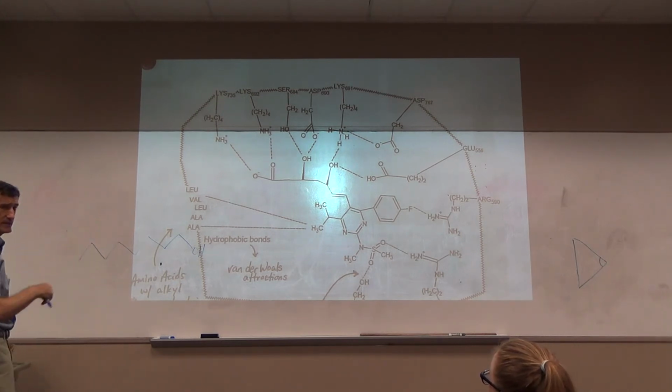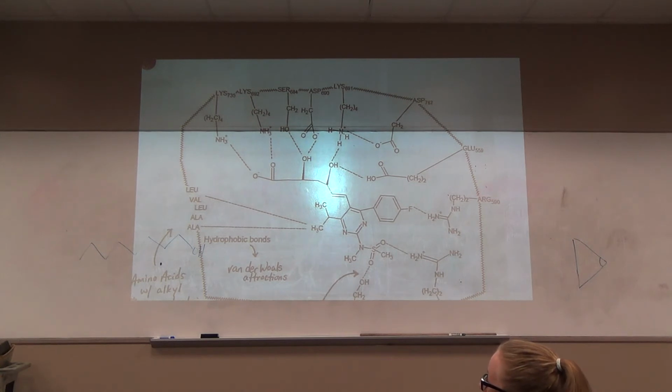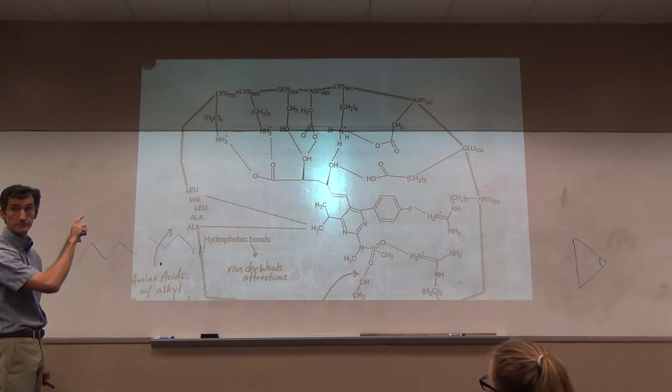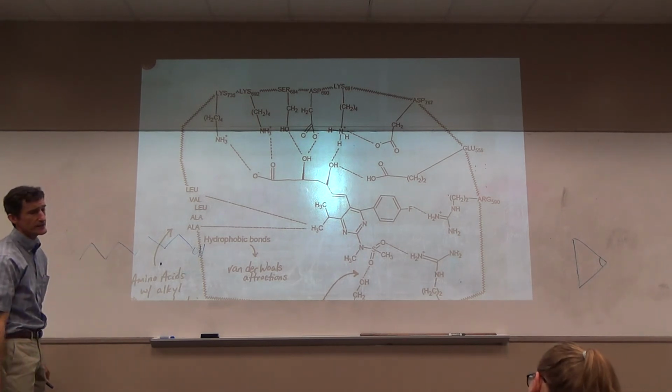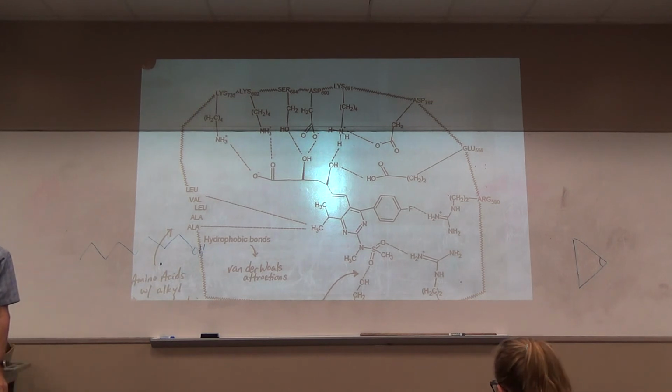How does it interact with the enzyme? Well, how does any molecule interact with any other molecule? By IMFs. What type of IMFs are possible? 1 through 4. It shows different IMFs. You've got to be very careful because sometimes non-chemists are drawing things out there.